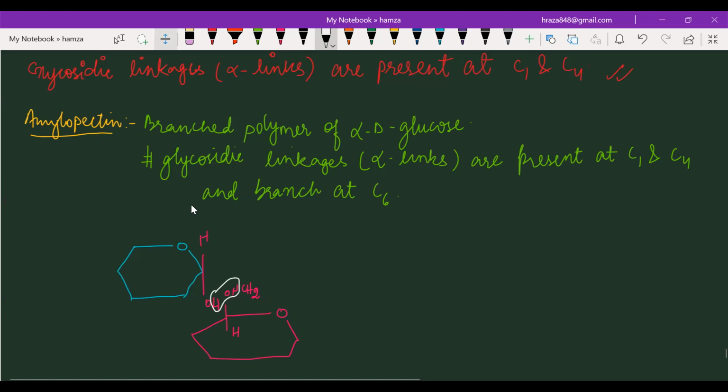So you can see after removing water, what we get here. It's very easy.